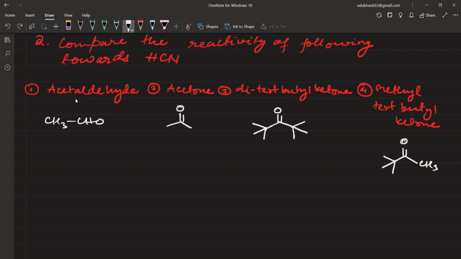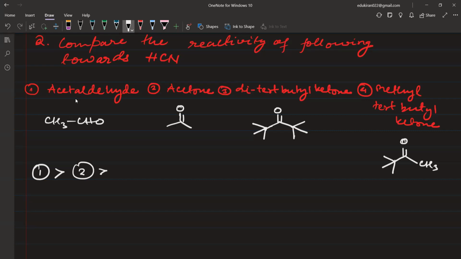Obviously, I can very easily say that the first one will be the most reactive, because it is an aldehyde and the rest are ketones. Aldehydes have more reactivity than ketones. Within ketones, steric hindrance is the only factor we compare. The second one has less steric hindrance.